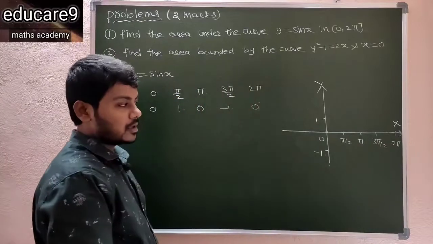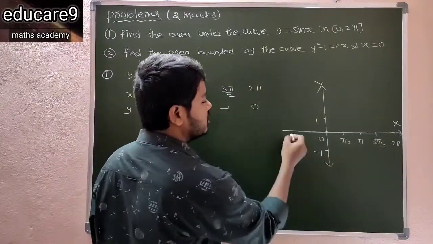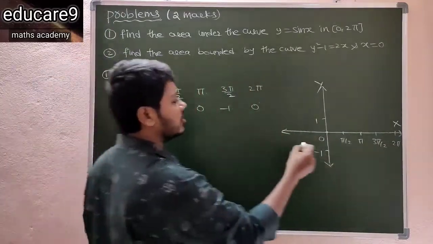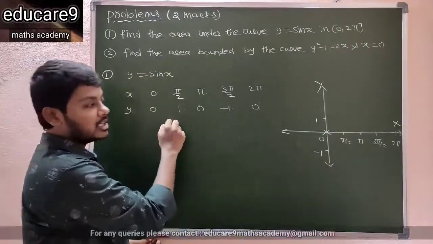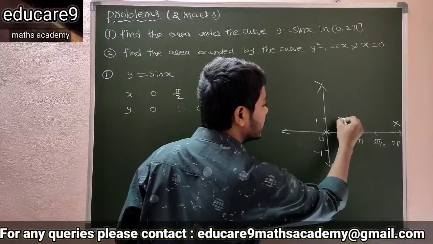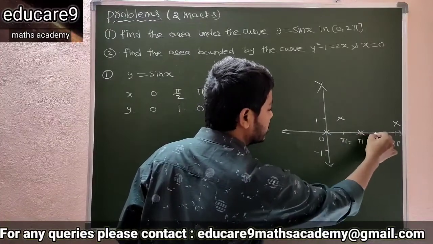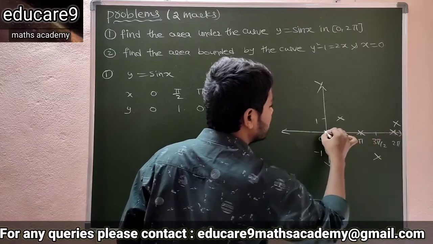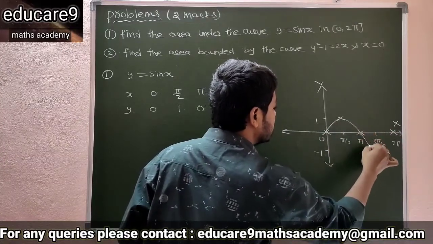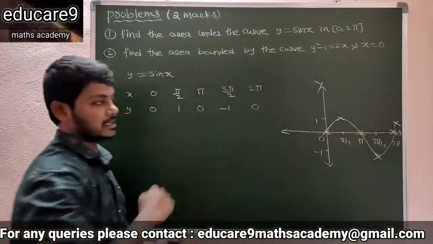Okay. So first at x is equal to 0, what is the y value? 0. So this one. At x is equal to pi by 2, y value is 1. This one. At x is equal to pi, 0. At x is equal to 3 pi by 2, minus 1. At x is equal to 2 pi, 0. So this is the graph of sin x.